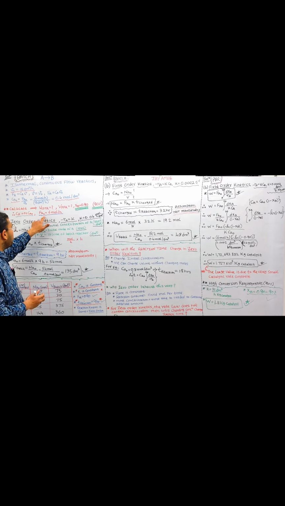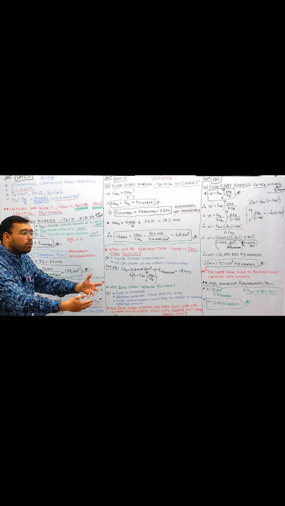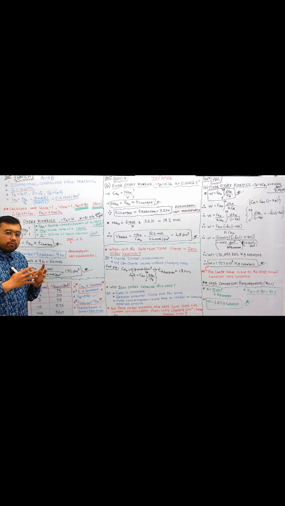Which means the molar flow rate is 6 moles per hour, which means every hour we are feeding 6 moles of reactant into the reaction environment of the batch reactor, right?